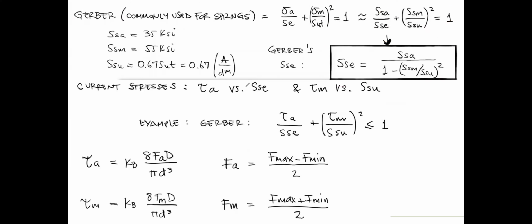So we can think of the SA versus the SSE and the sigma N versus the SSU. So we can just replace SSA by the tau A, and SSM can be replaced by the tau M.